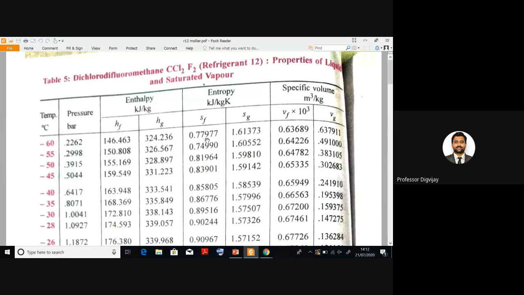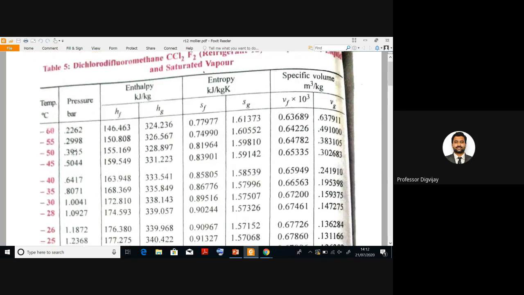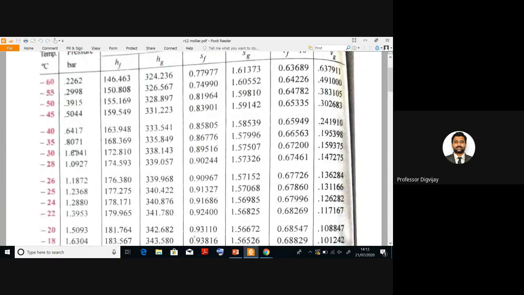Now we all know by the third law of thermodynamics that entropy reaches the value 0 at absolute zero temperature, which is 0 Kelvin, that is minus 273 degrees Celsius. But at minus 60 degrees Celsius, it has some value, that is 0.77977. Likewise, we have other values also.